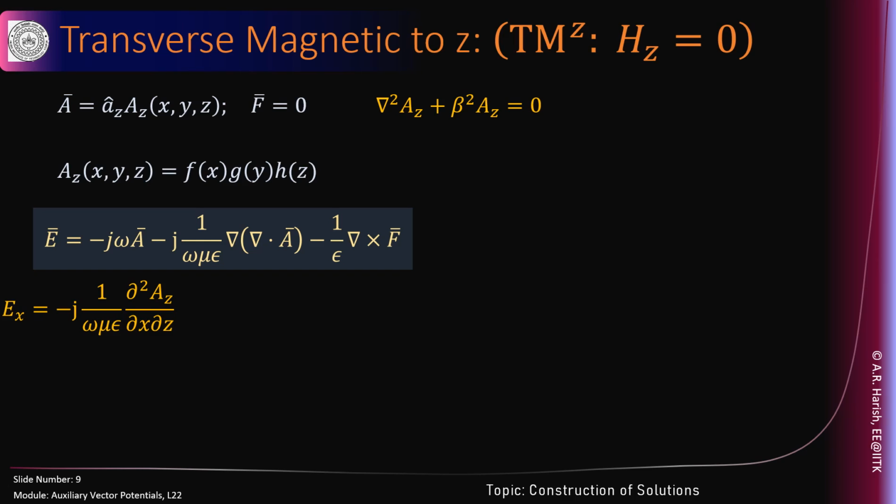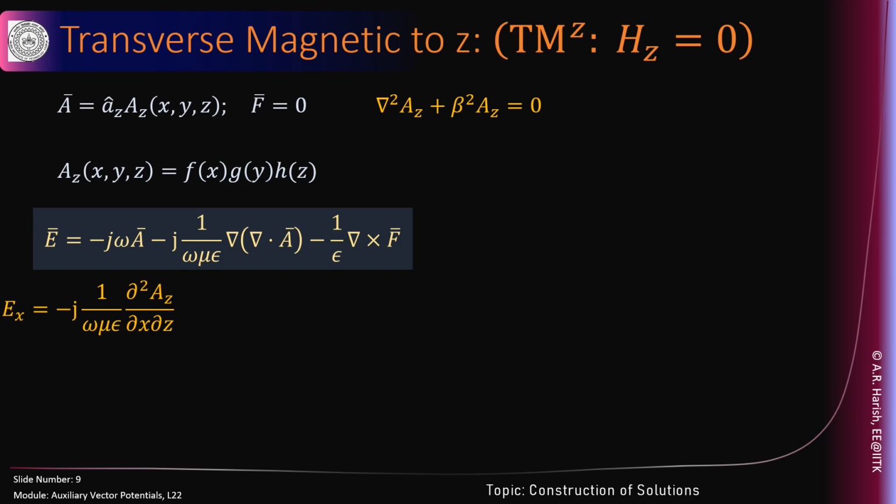Can you visualize this straight away? Del dot A gives me del Ax by del x plus del Ay by del y plus del Az by del z. Since Ax, Ay are 0, del dot A has only del Az by del z. Now we are looking at the x component of it.